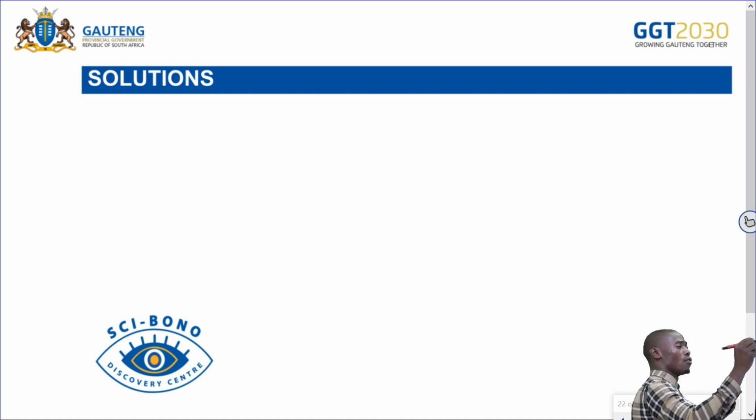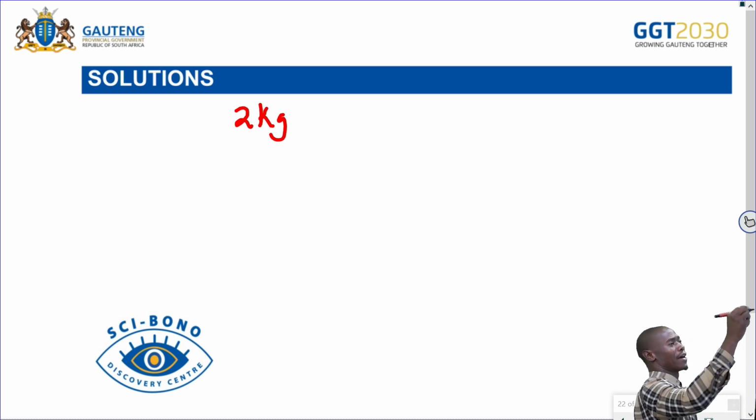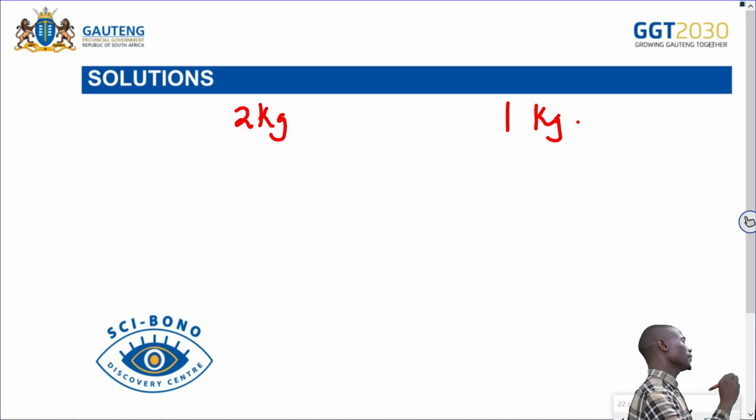Then for the 2 kilogram, there's a 2 kilogram here and a 1 kilogram. For the 2 kilogram, remember there are 4 forces.